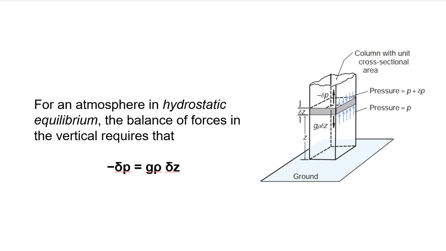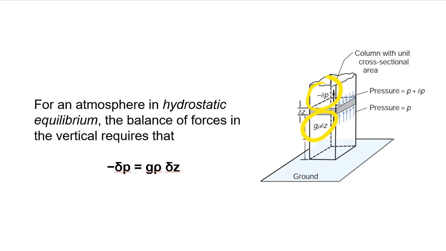And so, for an atmosphere to be in hydrostatic equilibrium, the balance of forces in the vertical requires that the negative delta P and this one, gravity, density, and delta Z should be balanced.